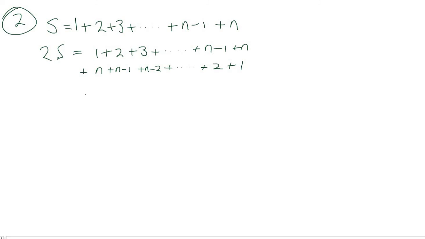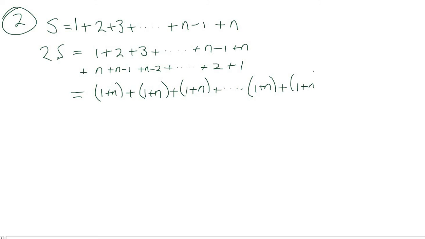So now what have we got? Well, if we add these column by column, we've got 1 plus n plus 1 plus n again, plus 1 plus n, plus 1 plus n, plus 1 plus n.